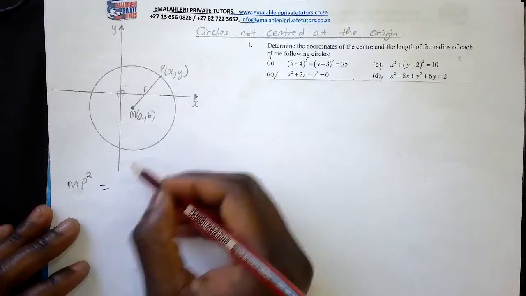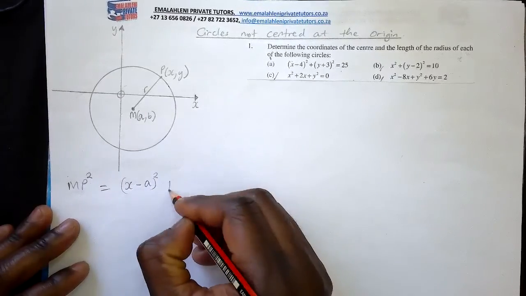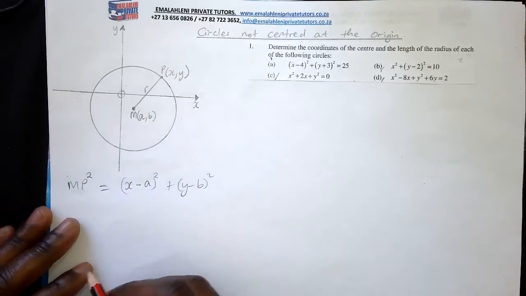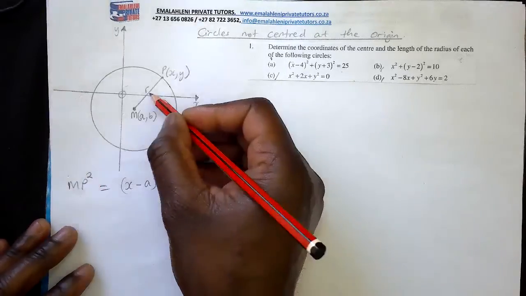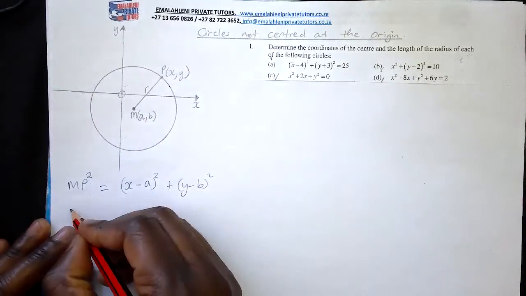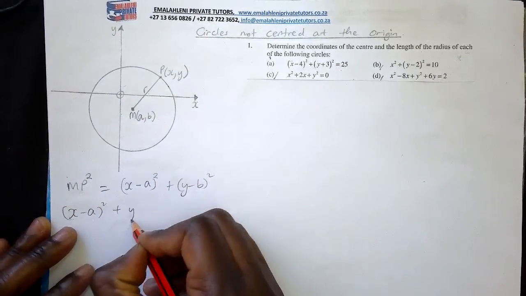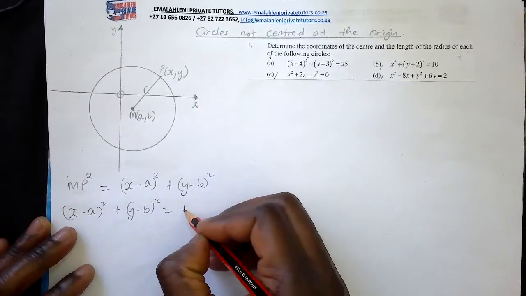Which is equal to (x minus a) squared plus (y minus b) squared. Now when you're saying MP is equal to r, it's going to be (x minus a) squared plus (y minus b) squared. This is going to give us r squared.